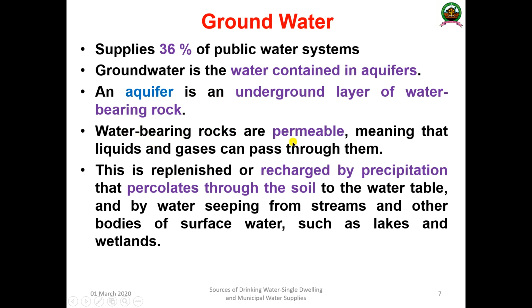The water-bearing rocks are permeable, which means liquids and gas can pass through them, and they are replenished or recharged by the precipitation that percolates through the soil to the water table, and by water seeping from streams and other surface water bodies such as lakes and wetlands.